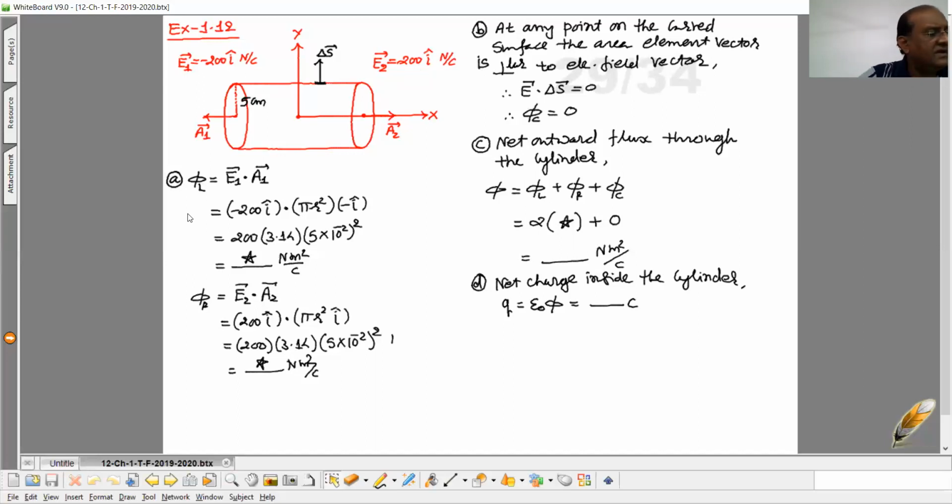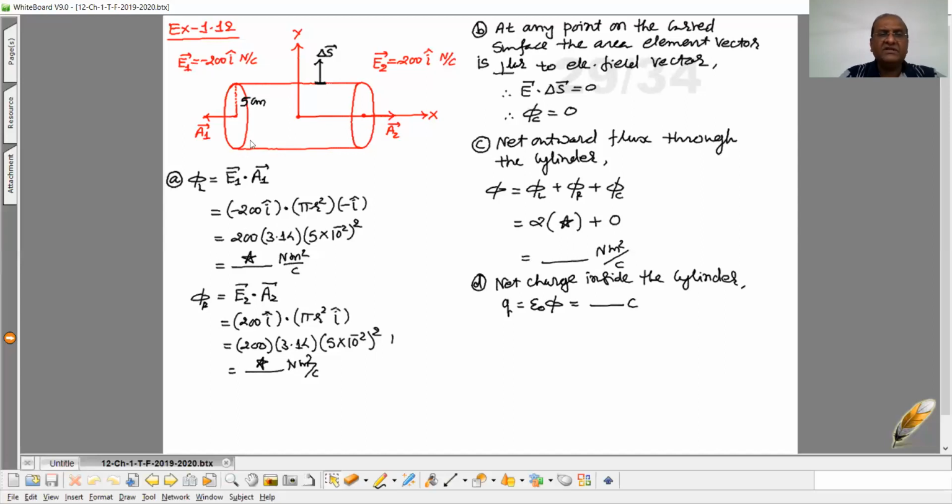Flux, net outward flux through each flat face. Now see, if we think about the left flat face, then the flux passing through it is E1 dot A1. Now the area vector is also in the negative direction. E1 is minus 200 i caret.